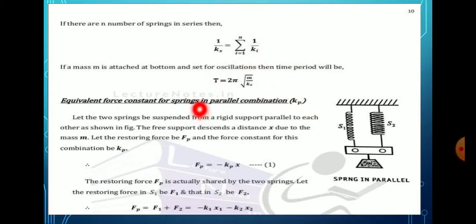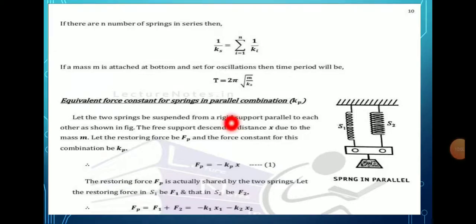Similarly, we have to find the equivalent force constant for springs in a parallel combination. Just as we discussed how springs are connected or related in series, similarly we find the parallel combination of the springs.